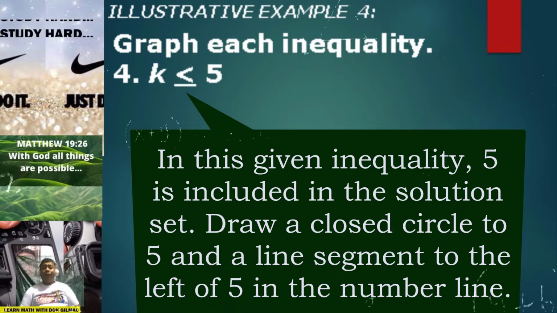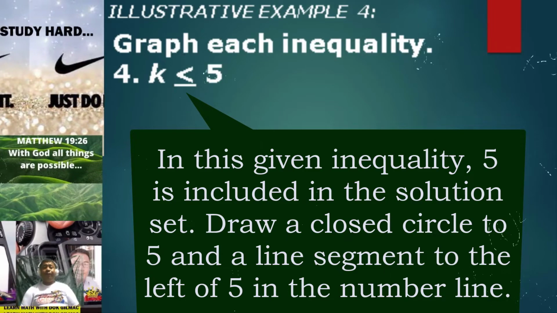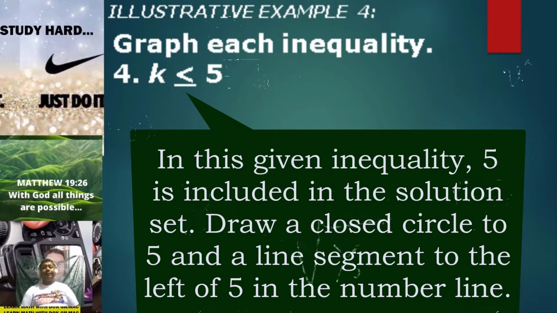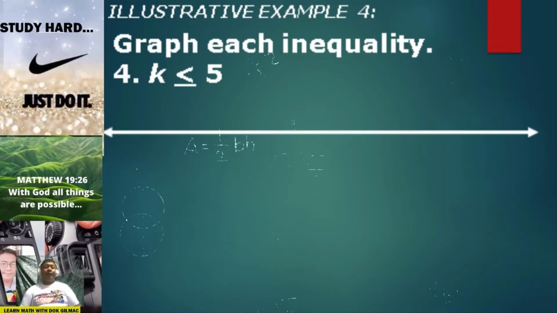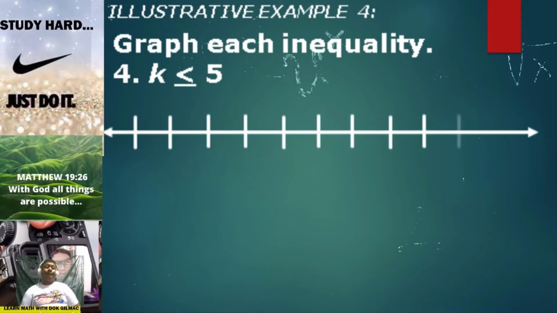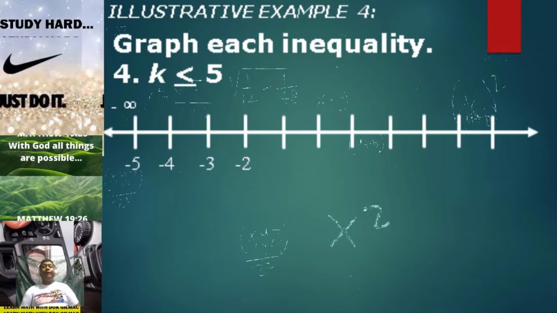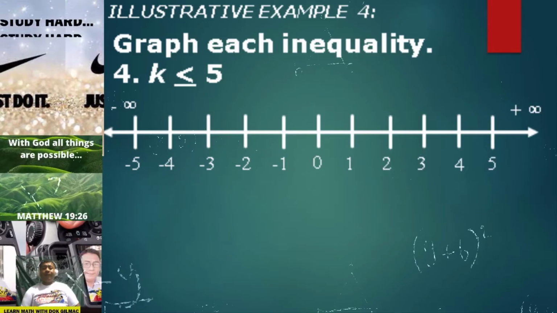So we're going to draw a closed circle to 5 in the number line. Consider a number line from negative infinity up to positive infinity.